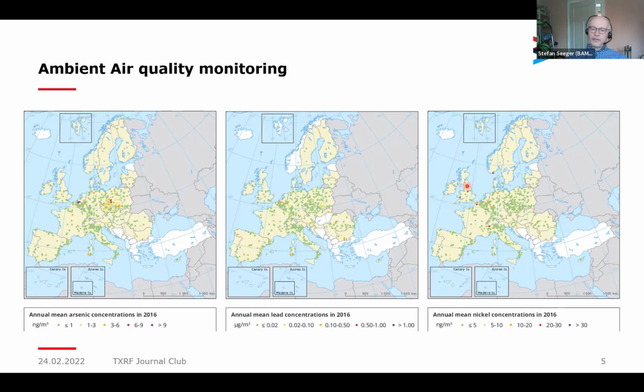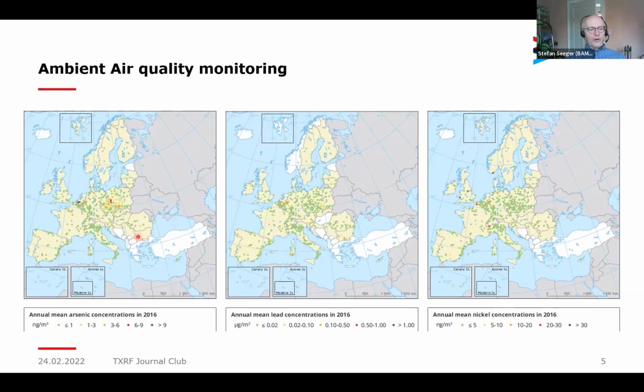And for different pollutants, here you see the data from 2016, and you may see that for arsenic, for instance, at several areas in Europe, the thresholds have not been met and the values are higher than allowed.